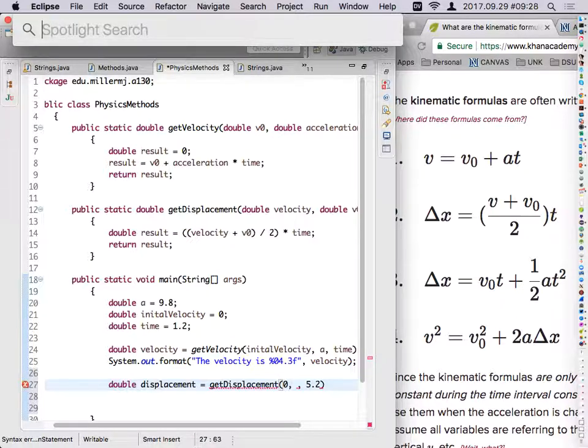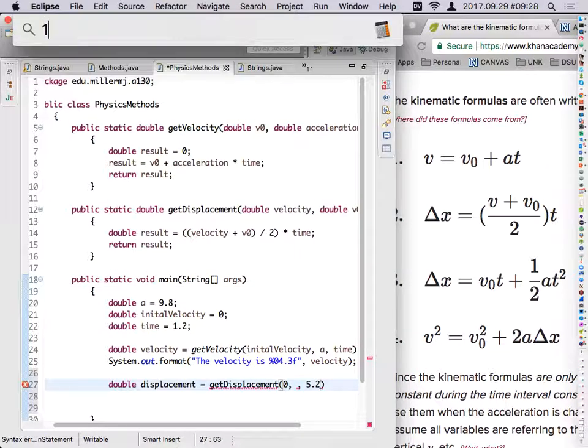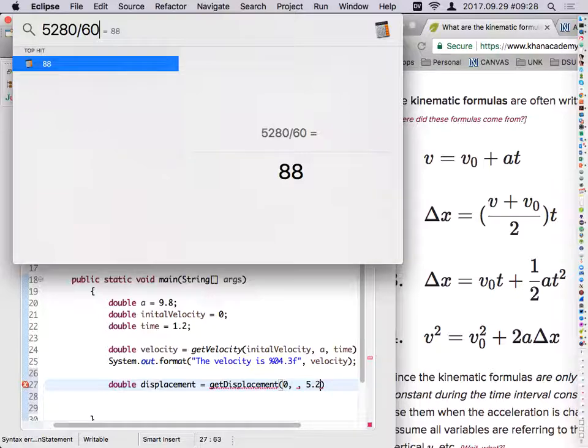We're going to figure that out. Let's see. 60 miles is a mile every minute, right? So 5,280 feet every 60 seconds. So every second, 88 feet. In meters.